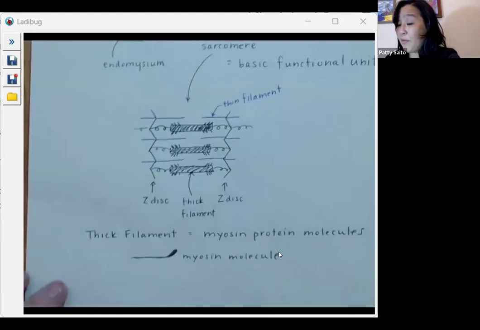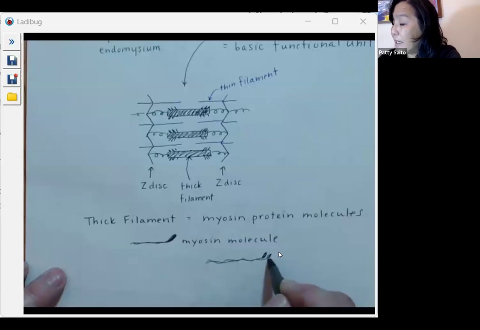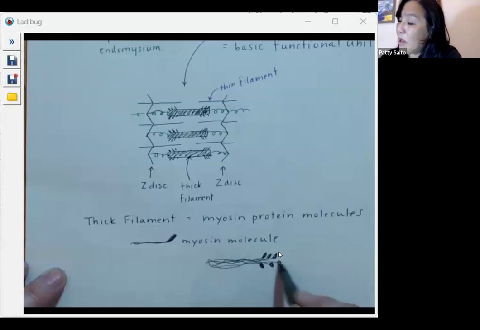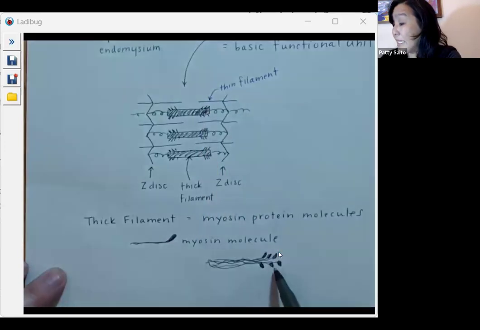And we form the thick filament by putting together a whole bunch of myosin molecules. And so they have this little section, a little projection here called the myosin head. So we have a whole bunch of myosin molecules like this. That's what these little things sticking out are, the myosin heads.